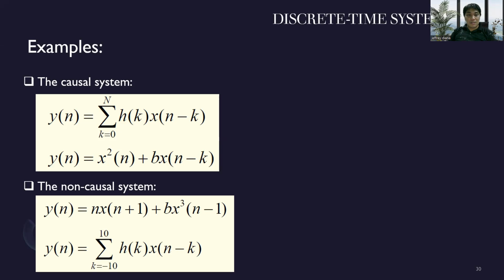For the non-causal system, the formula is y[n] = n·x[n+1] + b·x³[n-1], or another formula, y[n] = summation from k = -10 to 10, so the positive side is 10 and the negative side is -10, of h[k]·x[n-k].